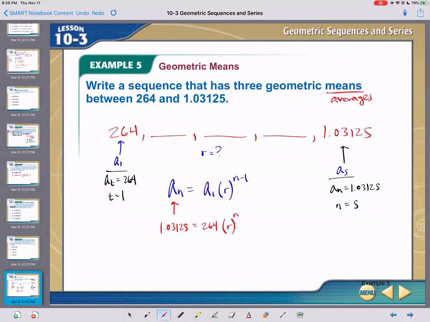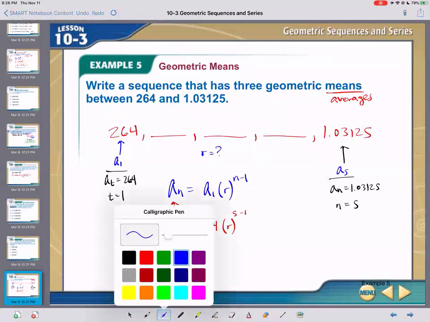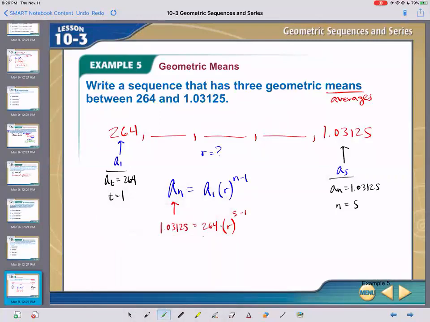Oh, not n, we know what n is. N is 5, so 5 minus 1. And you'd work through solving this algebraically. Since this is multiplying, you would first divide, and so on. You would end up here. Well, I'm going to leave it there. I'm going to use the calculator now to find the value. So at this stage, I'm going to switch over.